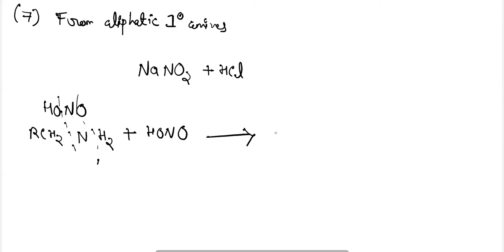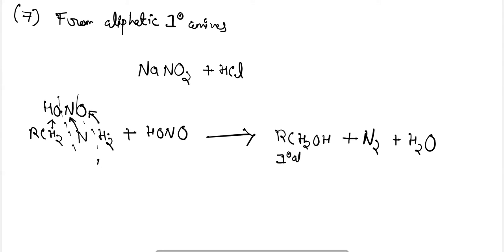That is, the formation here will be RCH2OH plus N2, and H2O will be formed. Here you can see that H2O is joining, nitrogen is joining with other nitrogen, and this OH is joining with the RCH2, forming a primary alcohol.